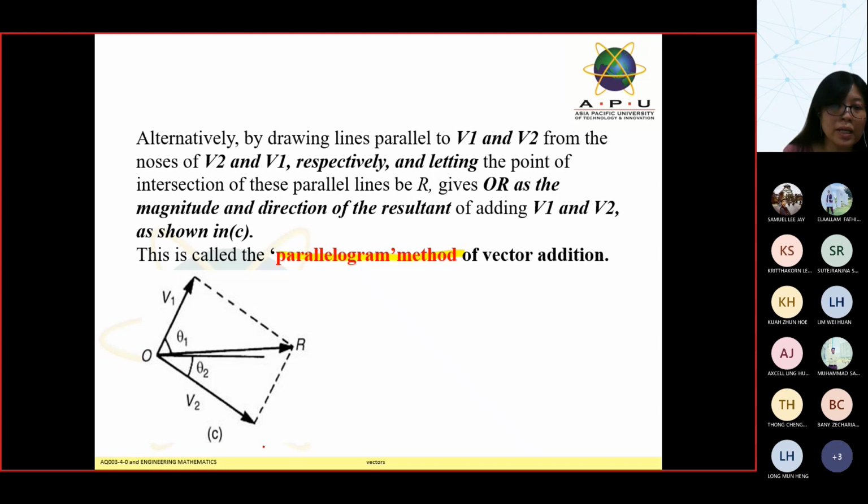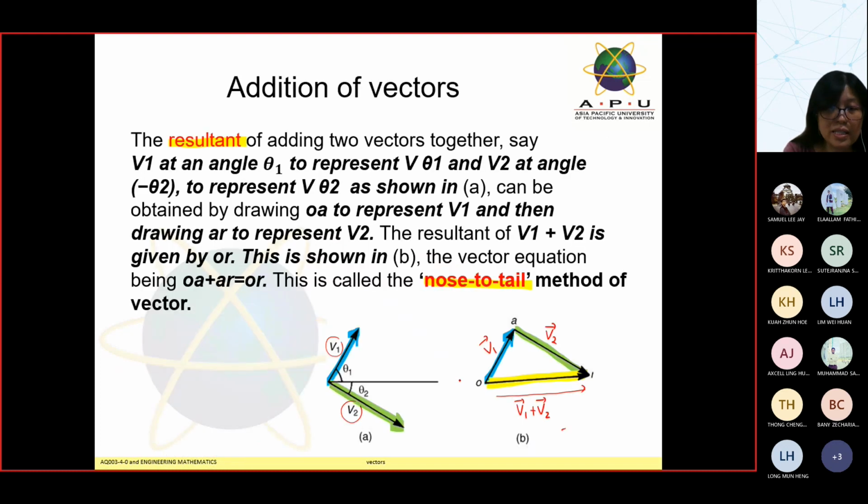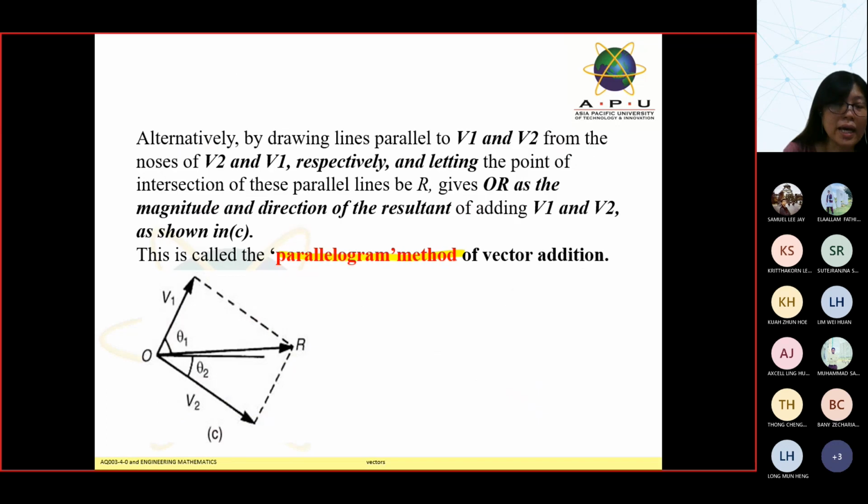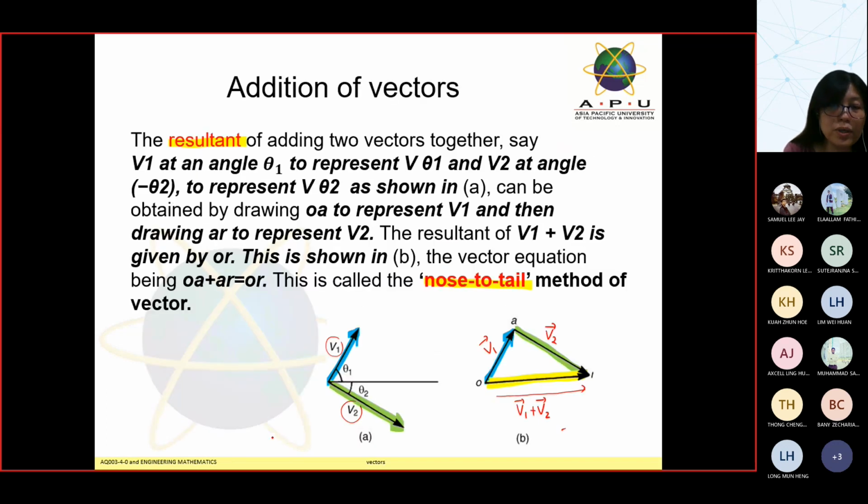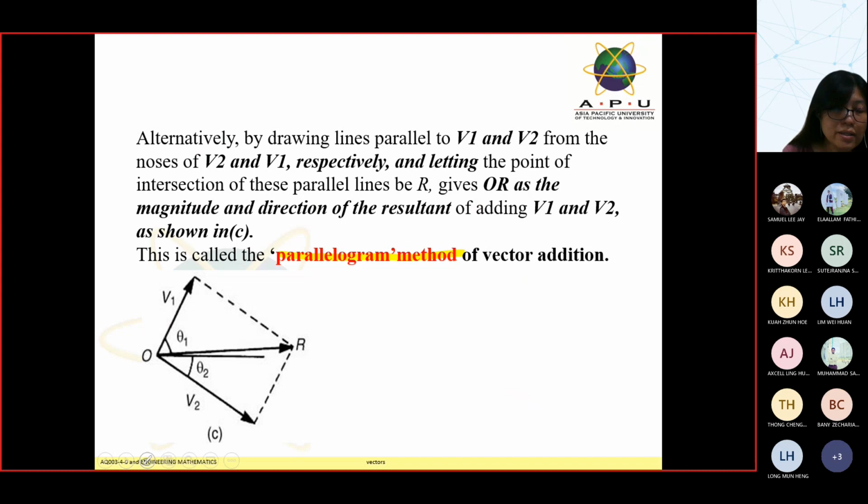This is the first method, and the second method we call the parallelogram. Can you see this comes from the same vectors that we had just now? We have V1 and V2. For V1, this is the blue one, we draw a parallel line opposite of V1.